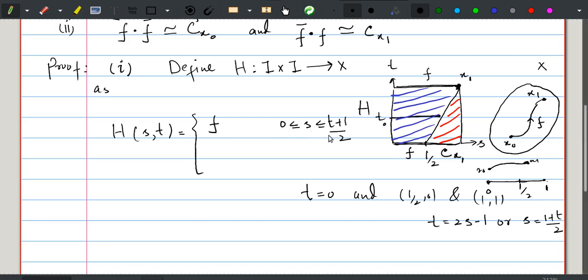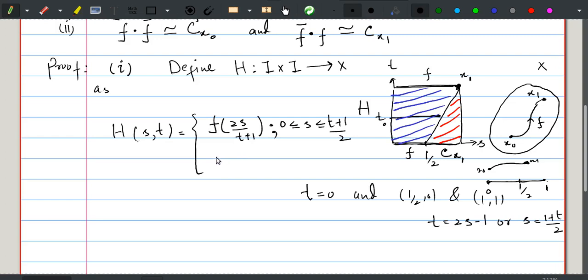So when we normalize, when we scale this interval, f takes the argument 2s/(t+1), and in the remaining interval h stays at x1.